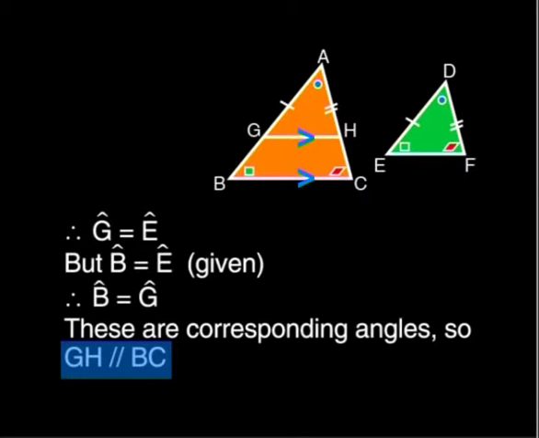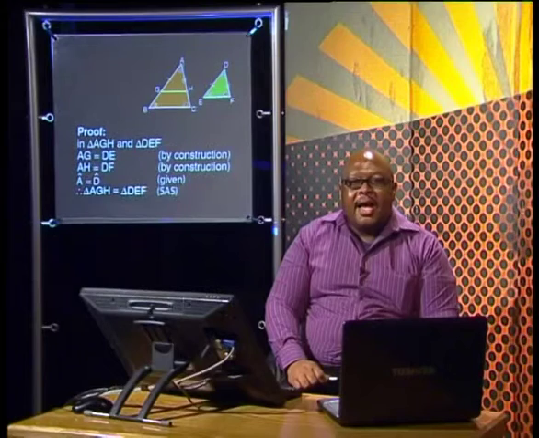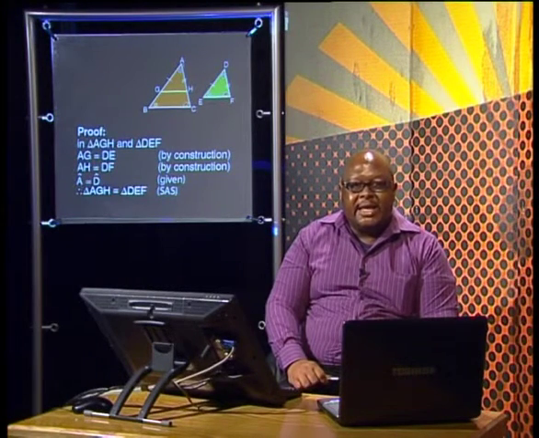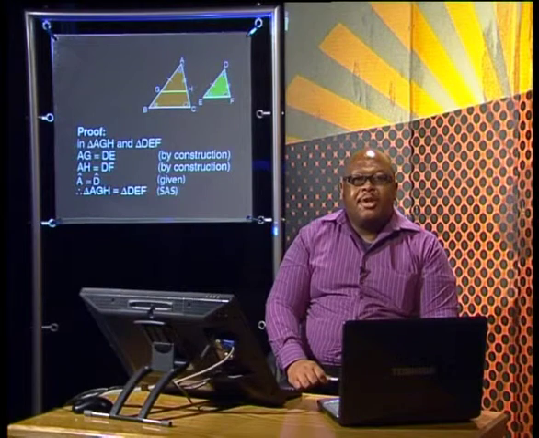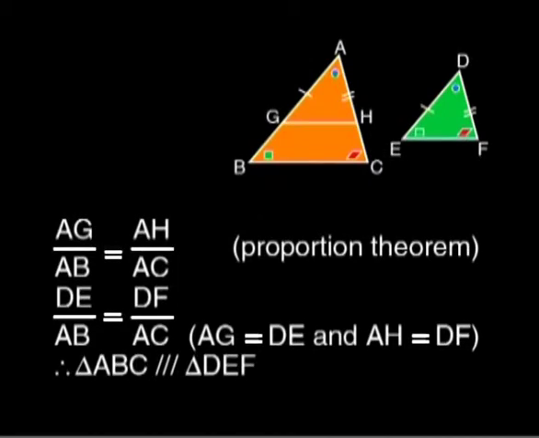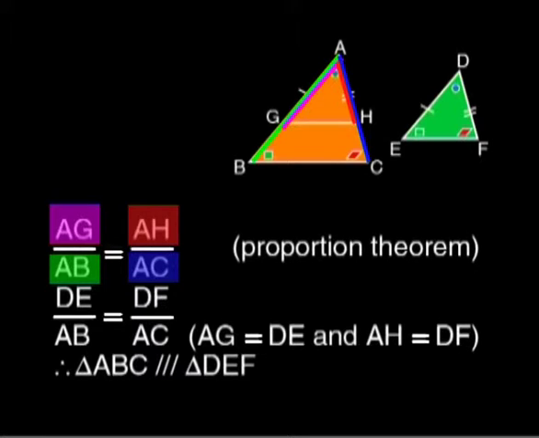So GH is parallel to BC. Now we can say that the sides of ABC are in proportion because of the proportion theorem. So the ratio of AG to AB equals the ratio of AH to AC.